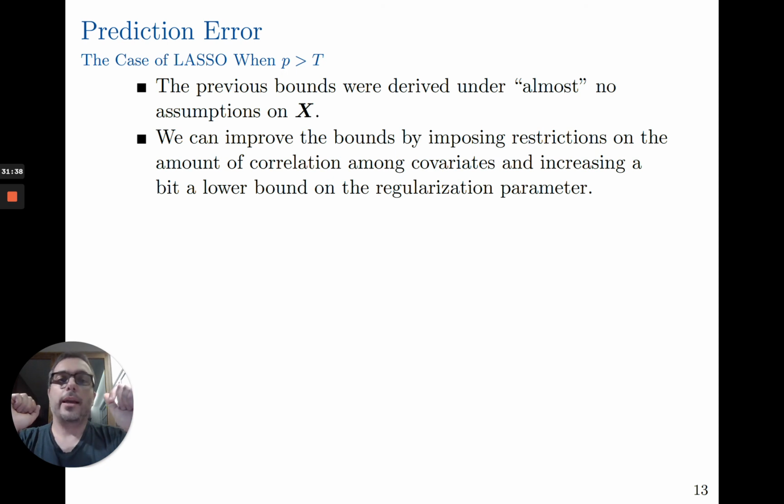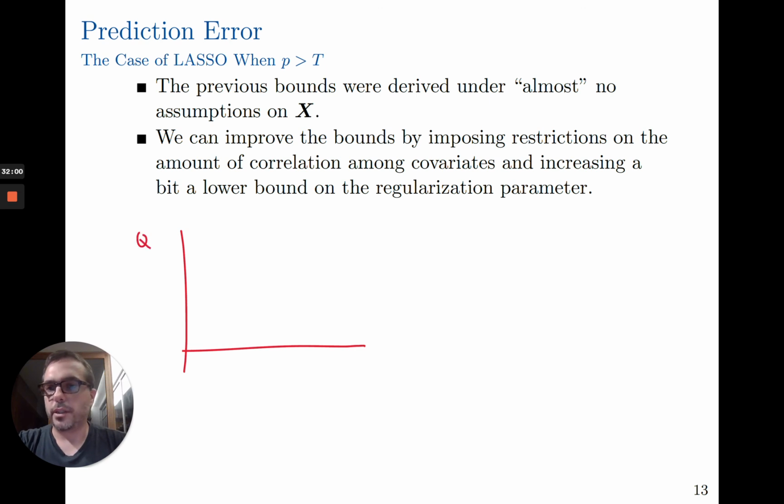What's the idea? Imagine that you have a cost function that I call Q of a parameter beta that we want to minimize, and here's the parameter beta. Imagine that this cost function varies with beta this way.